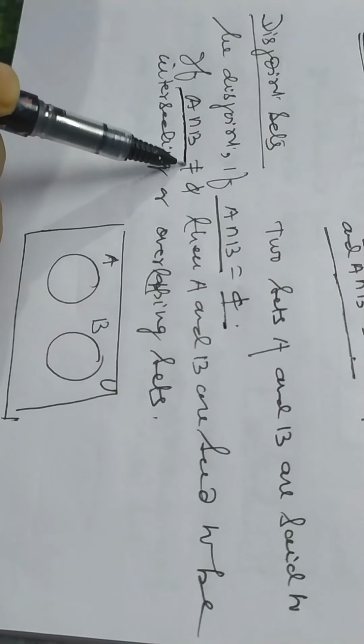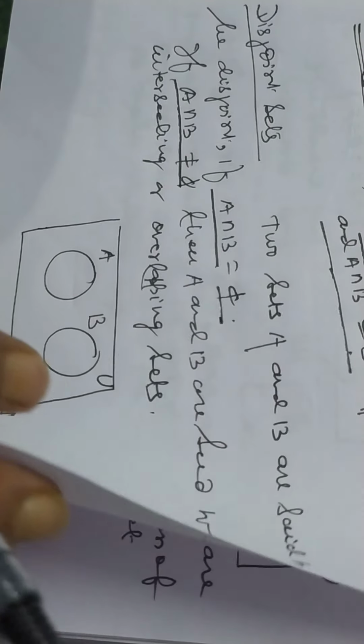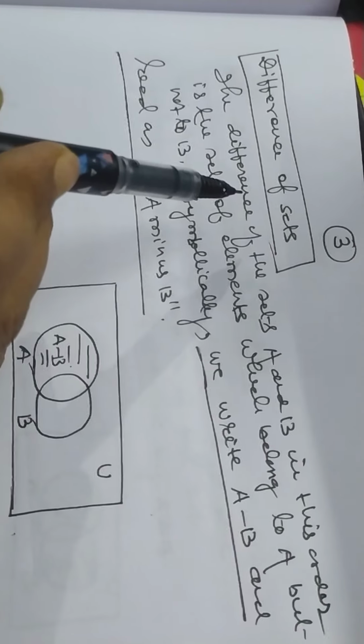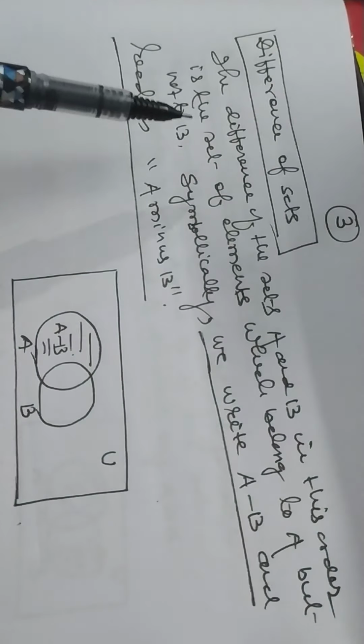If A intersection B is not phi, then A and B are said to be intersecting or overlapping sets. My dear student, difference of sets is very, very important. See this figure.